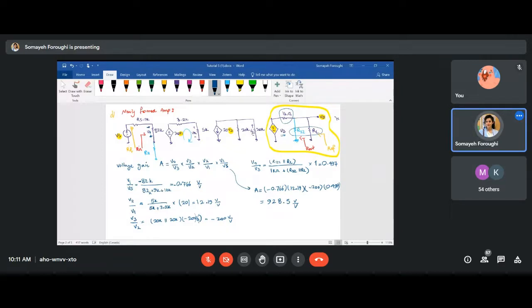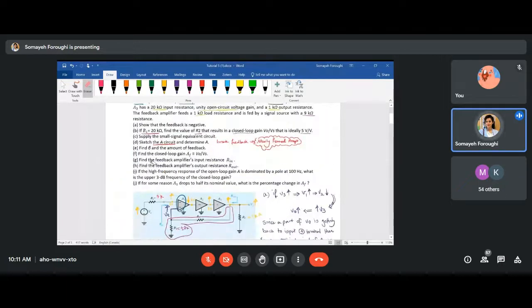So this is our total A. Remember, A is our voltage gain in the newly formed amplifier. Now that we're done here, let's move on to our next part of the question.